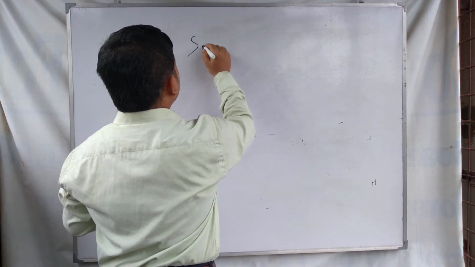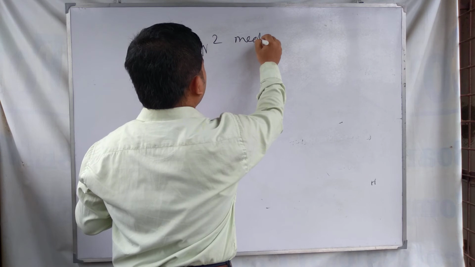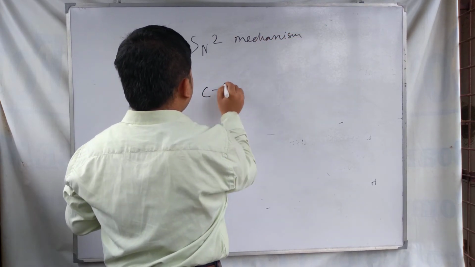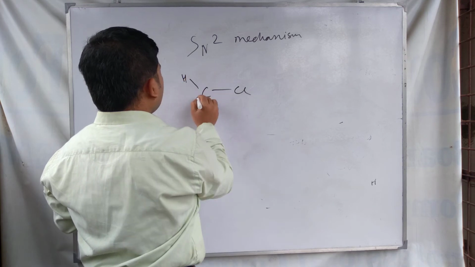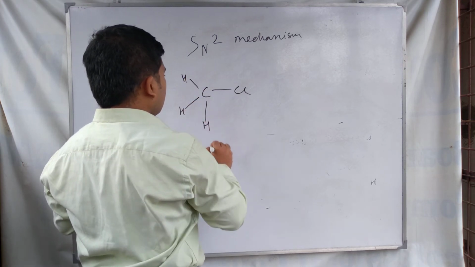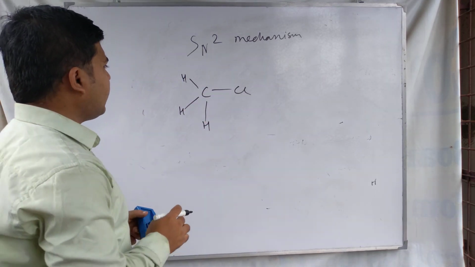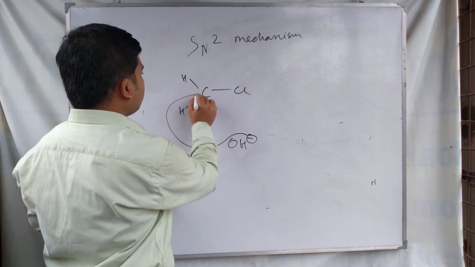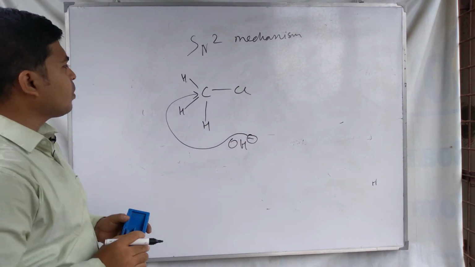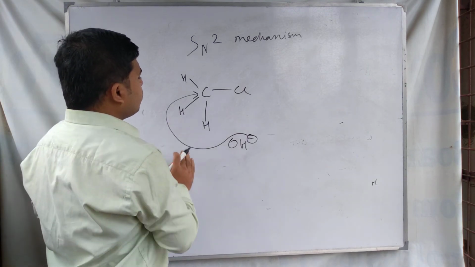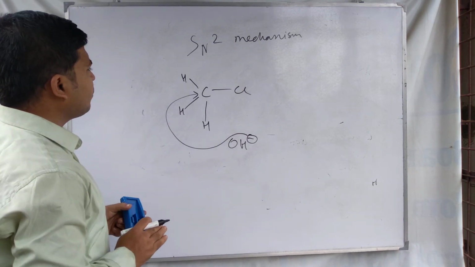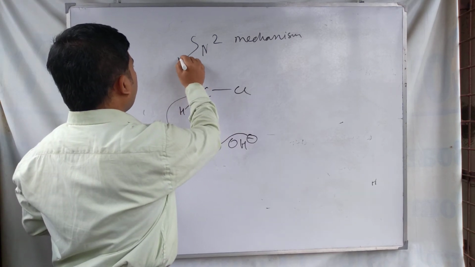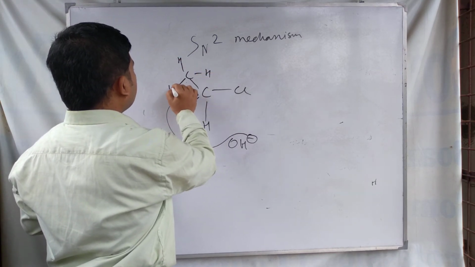In the SN2 mechanism, if the alkyl halide is a primary one, a nucleophile attacks from the back side. In this case, we see carbon, hydrogen, hydrogen, hydrogen.